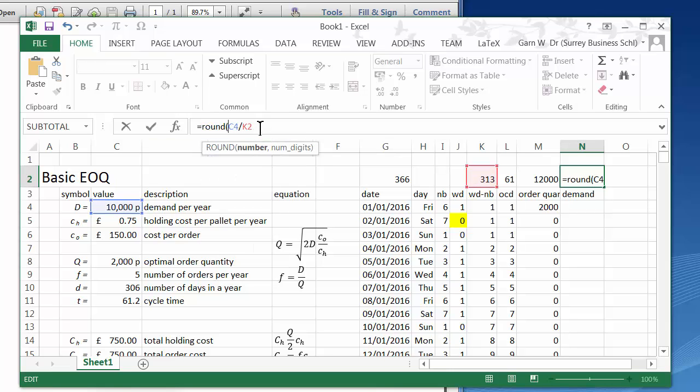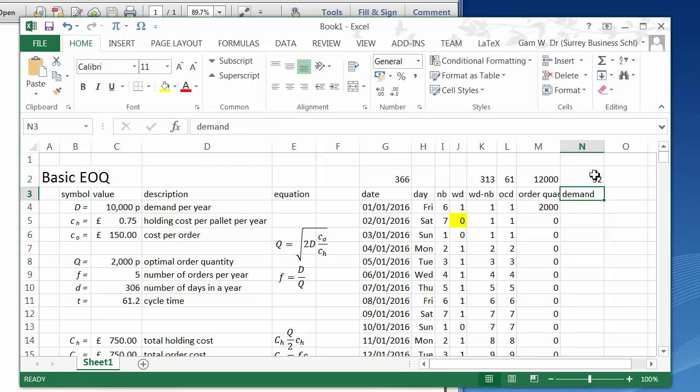So let's round that. So we've got a daily demand of 32 on weekdays. So when there's a weekday, 32.